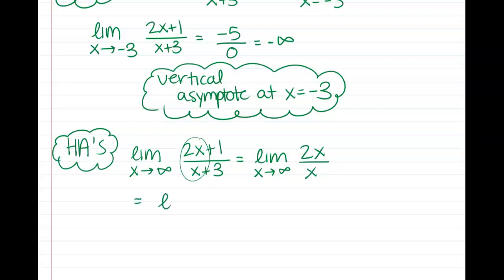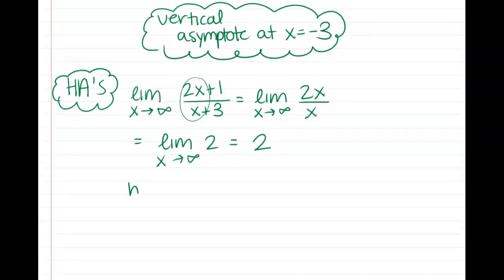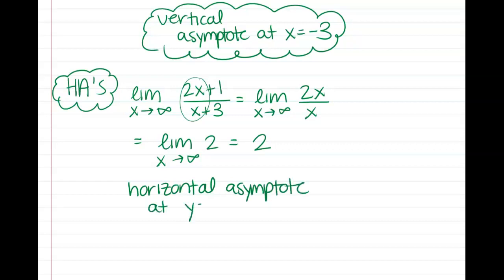And that's just equal to the limit as x approaches infinity of 2, which is just 2. Meaning this function has a horizontal asymptote at y equals 2.